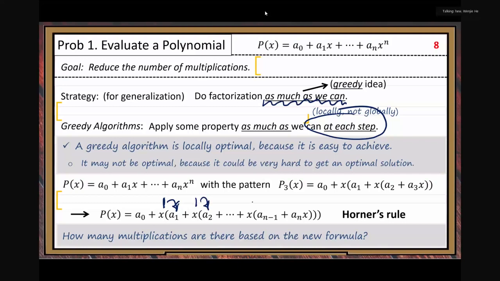The last multiplication associated with the subscript n. So we just count the number of subscripts, 1 through n. In that way, we get n. So practice this technique, counting by reference. Very effective.